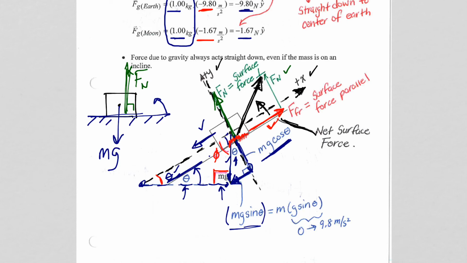And my last point on this page is to look at mg sine theta and think about what is going on when the box moves down the incline. Remember when we talked about the box in free fall, we talked about only mg acting on the box and it's falling down, and the acceleration due to gravity is g.